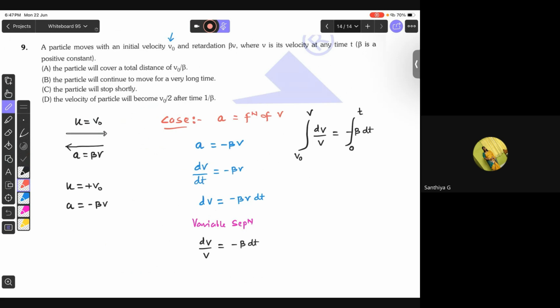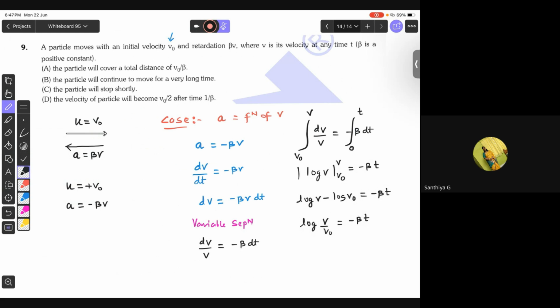So now what we have here is dv by v. That will be log v, direct formula. Log v minus log v naught. And on that side, beta comes outside, integration of dt from 0 to t. So log v minus log v naught is equal to minus beta t. So log of v by v naught is equal to minus beta t.